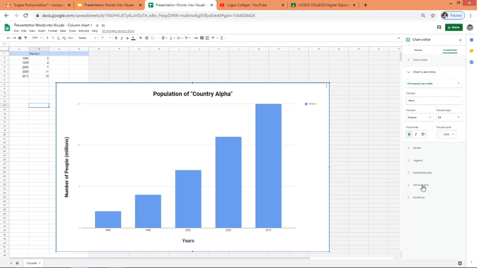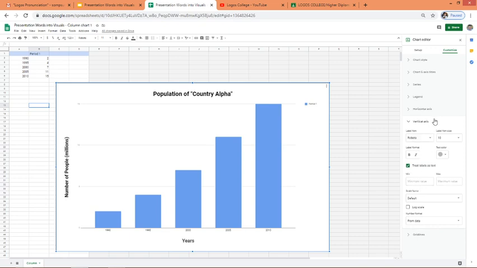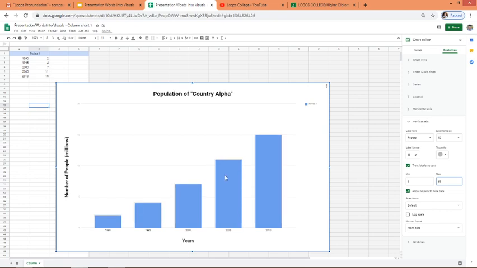Go to vertical axis, and you come down here. There's minimum value and there's maximum value. The minimum, of course, is going to be 0. And your maximum value, let's set it to 20. So there, you can see it fixes it for you automatically again, and it has from 0 to 20 million people.